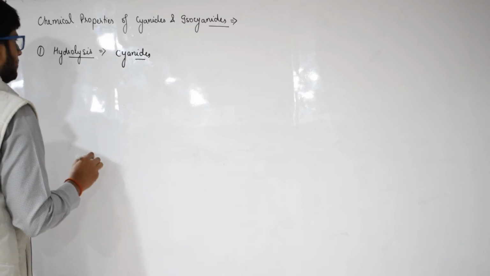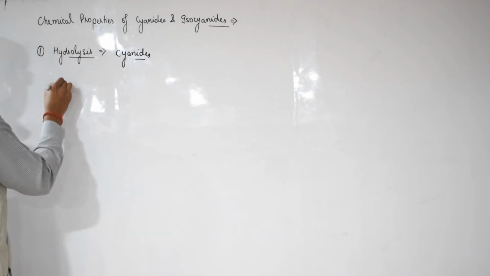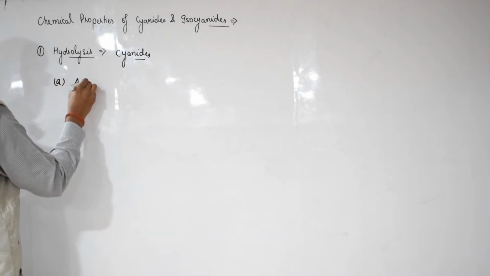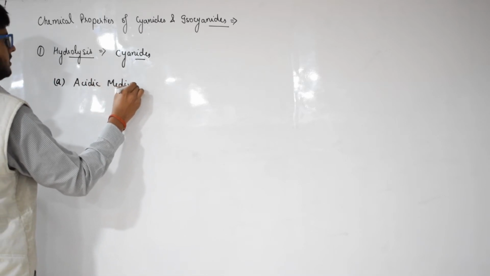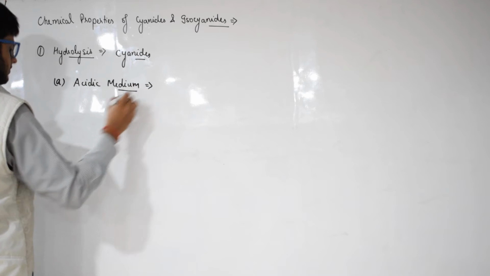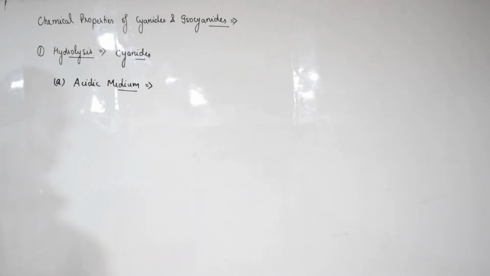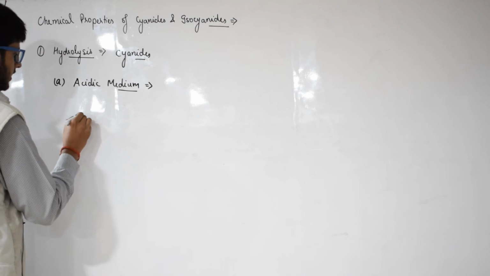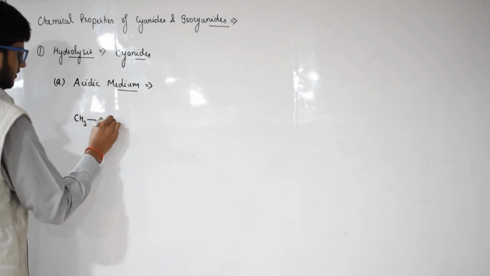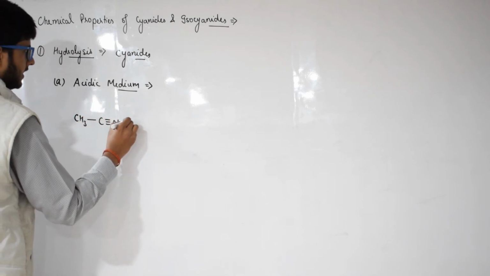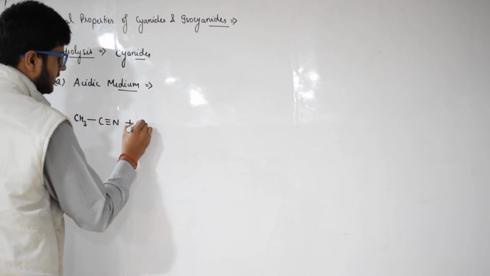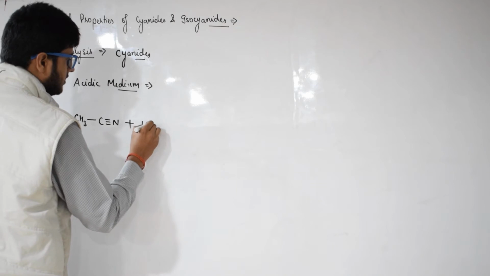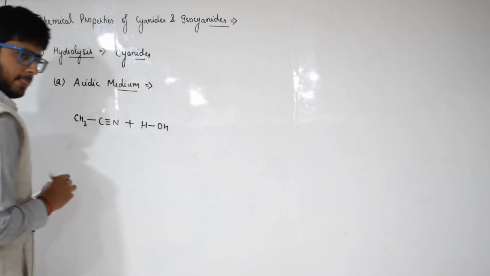When we are discussing hydrolysis of cyanides, the first one is hydrolysis in acidic medium. Then how does it take place? Let us see. First of all, let us take a cyanide, CH3CN, and it is treated in acidic medium with water, HOH.